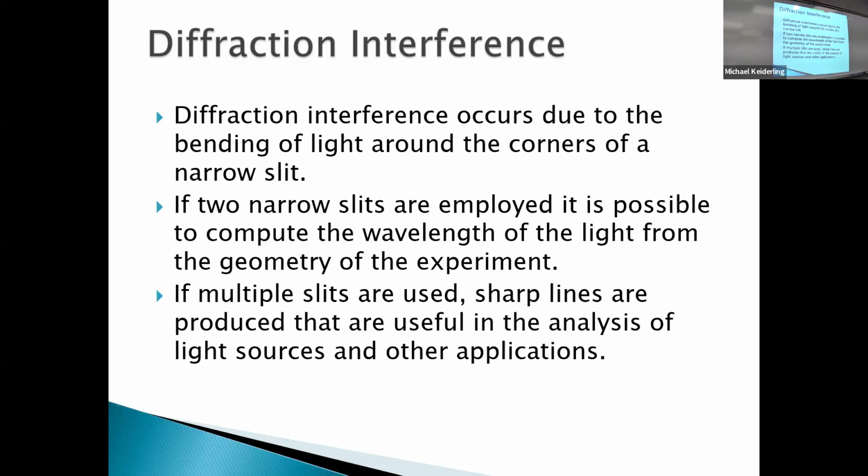Each of these dots is an extra wavelength apart. Straight ahead in the middle, they've traveled the same distance. One to the left, it's traveled an extra wavelength. Two to the left, it's traveled 2 extra wavelengths, and so on. That can be very useful in the analysis of light, because you can use a diffraction grating like this to split light up into various wavelengths, like we did in the lab.